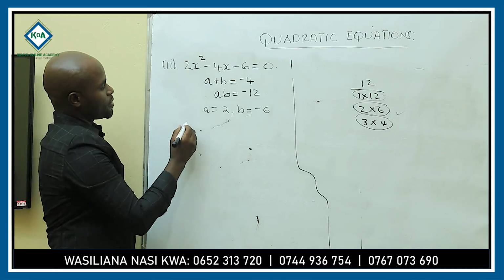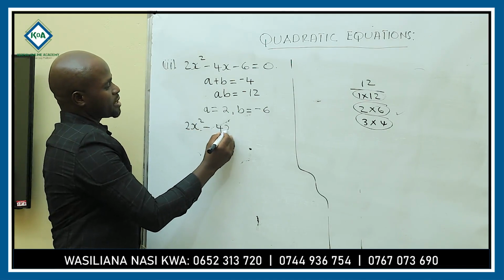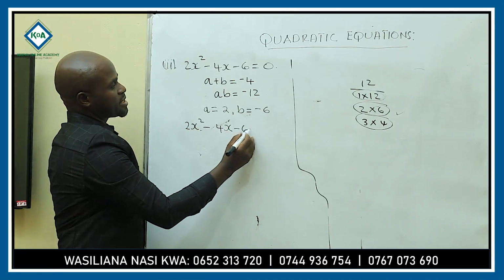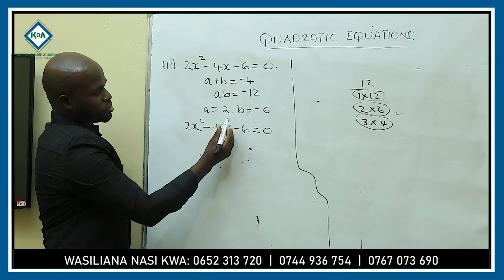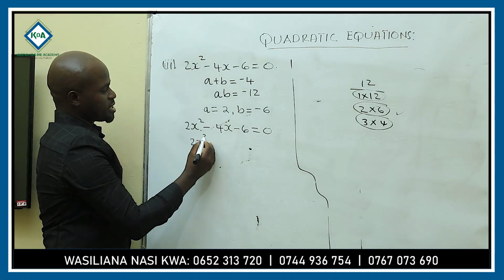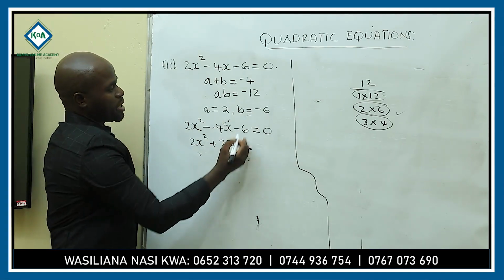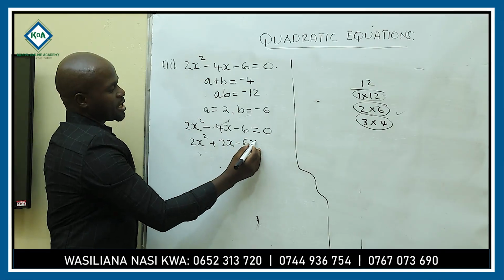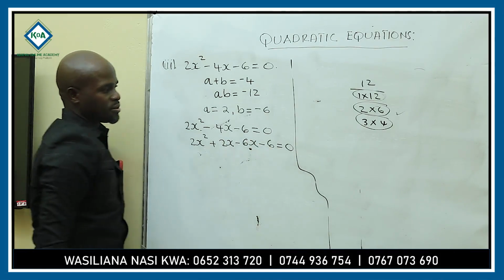Then from our equation, 2x squared minus 4x minus 6 is equal to 0, we split this negative 4x into the two numbers. So 2x squared plus 2x, then minus 6x, then minus 6 again is equal to 0.